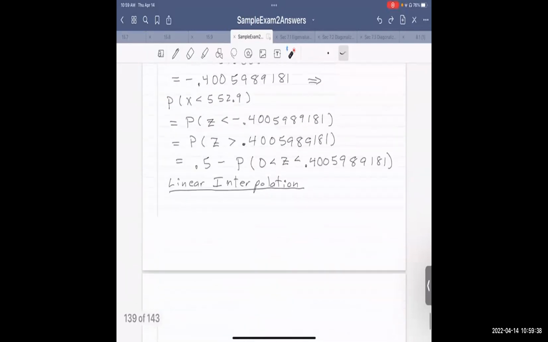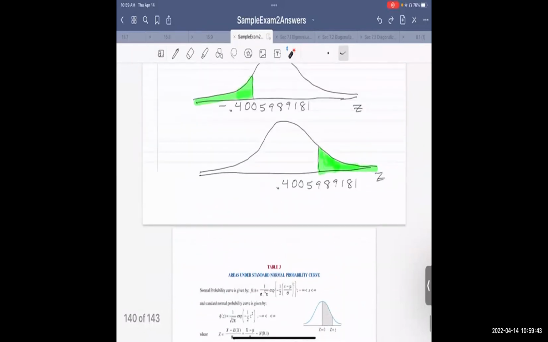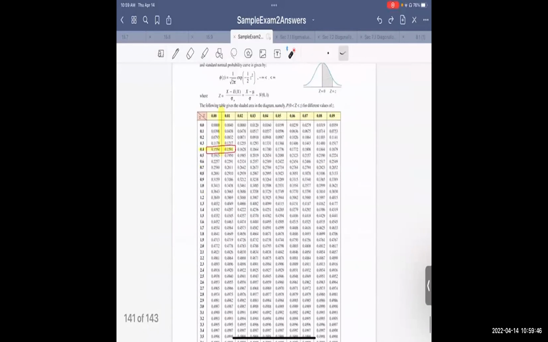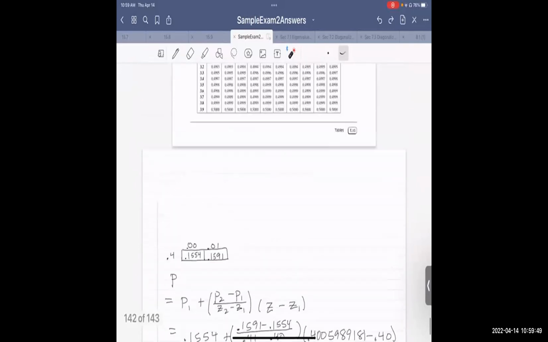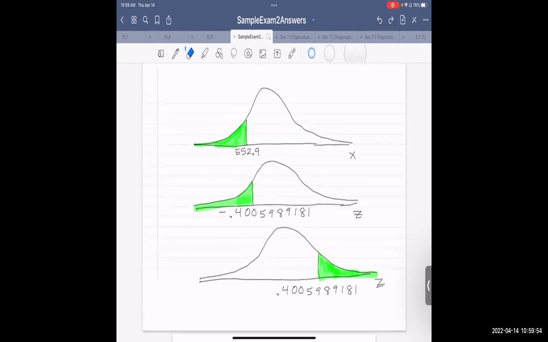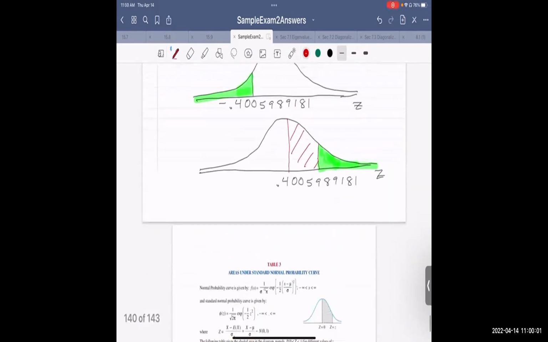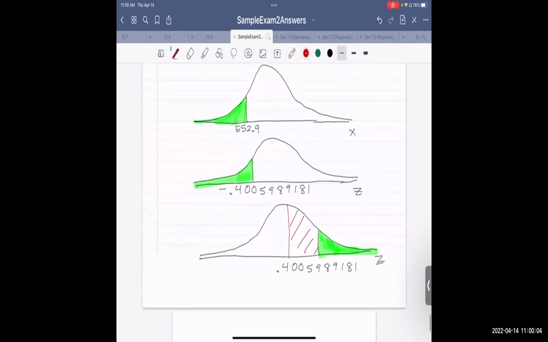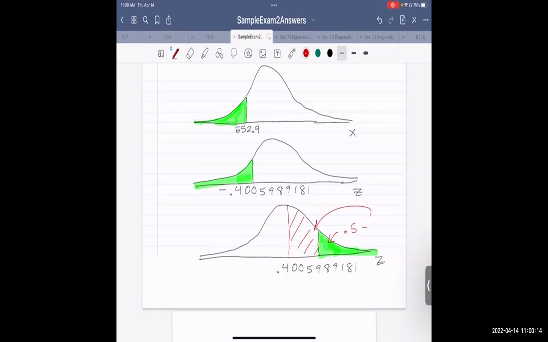So I change it from a left tail to a right tail. And I then just want to find this area here. Okay, and so let's find what this area is here and subtract it from 0.5, minus whatever area is over here.